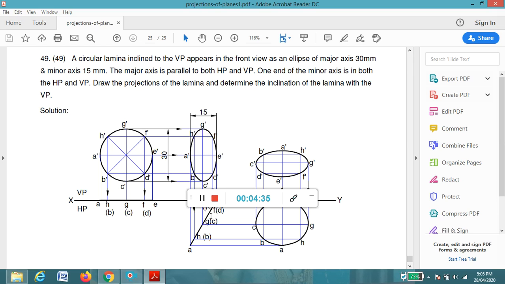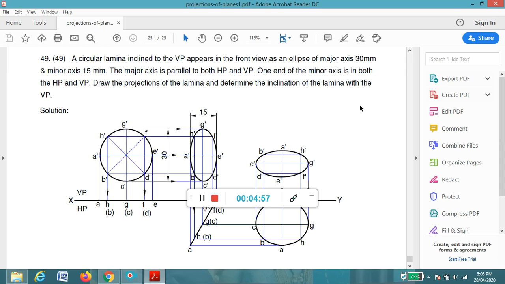That angle is unknown, which we are going to find out. This width 15 mm is the minor axis that is given. With the help of these two dimensions, major axis and minor axis, we get the top view in the second position, that angle phi. Measure that phi with the help of the protractor, and then you know the angle.